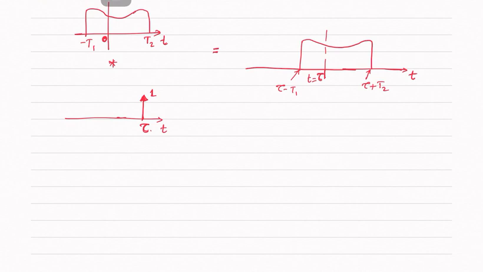We have an impulse function in the frequency domain as well. So if I have some spectrum and I convolve it with an impulse, the same thing happens.